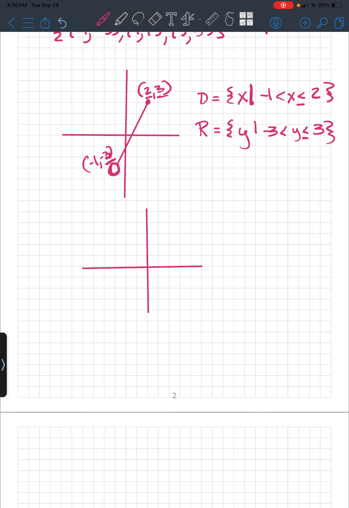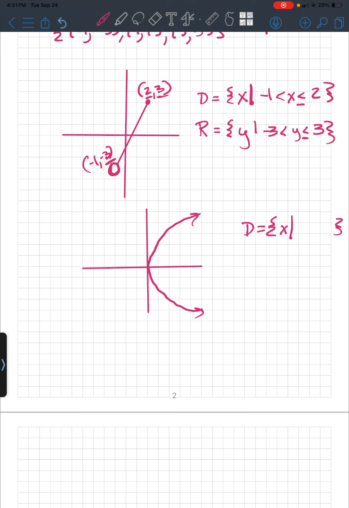The next part, the C part, and I'm going to do this as good as I can, okay? So we need to find our range and our domain. We'll do domain first. Domain equals every number that x is.